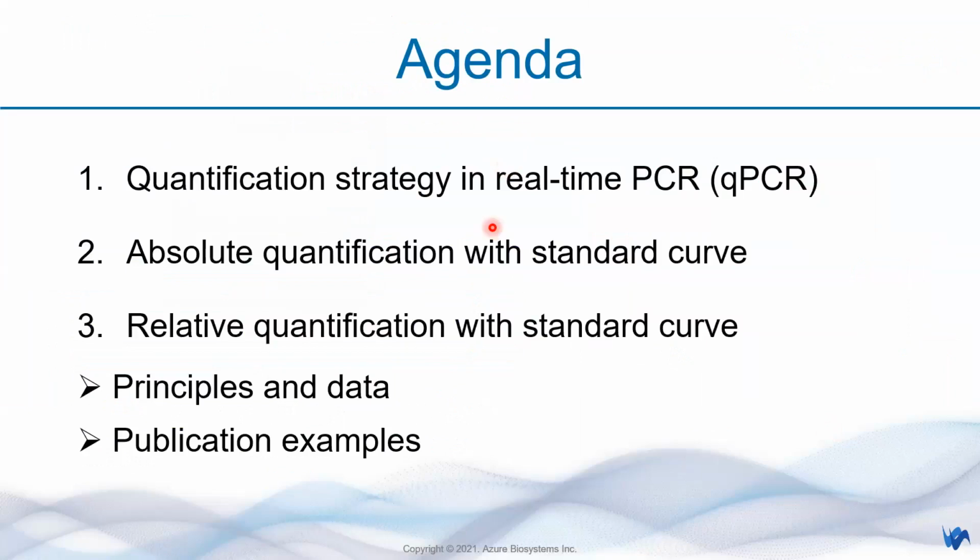So let us look at the agenda, or in recap, what we talked about today. We talked about quantification strategies in real-time PCR. Basically, we talked about standard curve, absolute quantification, and relative quantification with a standard curve. The principles are the same: you want to generate the standard curve. So the standard itself is very important, particularly with absolute quantification.